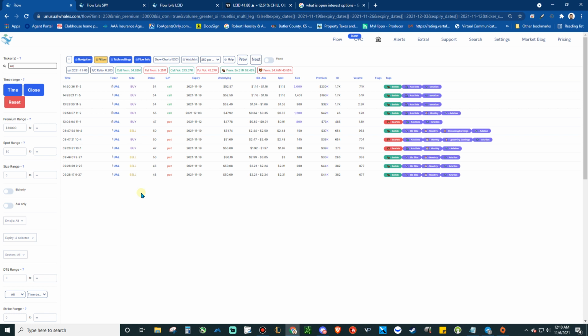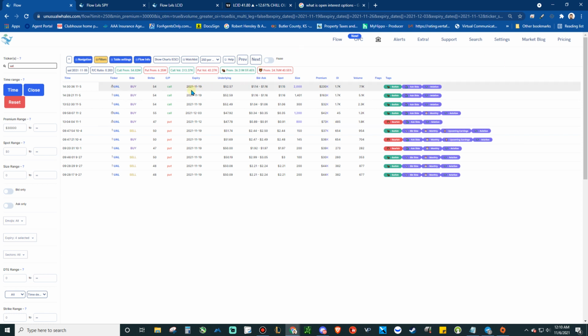And why it's obvious, because you know what's interesting. It's obvious that Lucid is the play, okay, because it's blatant. But here's a very interesting situation: the market is rotating into, and this is something that just comes with experience and just knowing how the markets work, they're rotating into reopening plays, and UAL is an airline.